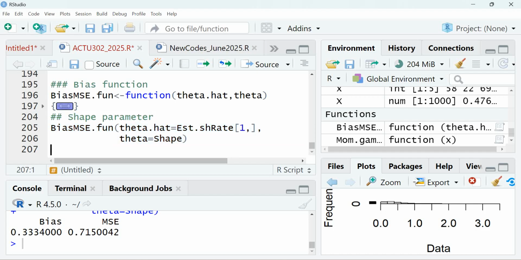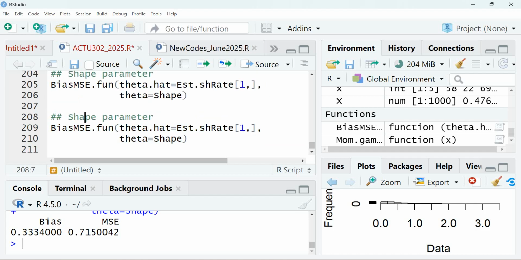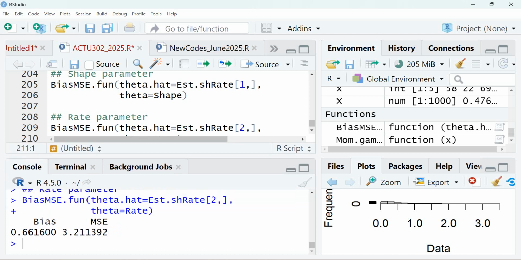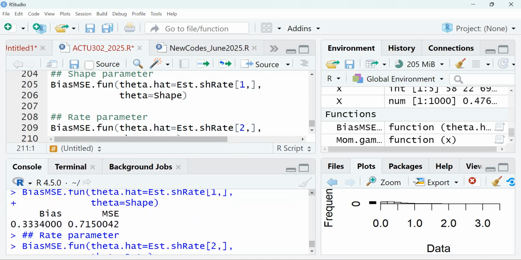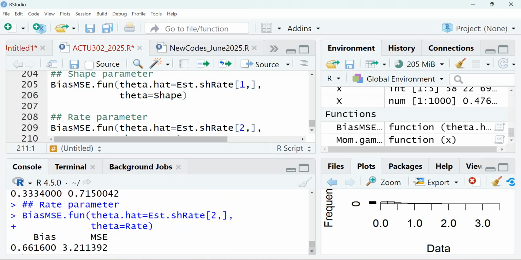Similarly, we can get that of what? The rate, and the rate parameter we need to put here as what? Rate, and over here should be 2. And then we run it. So that of, and this is understandable.